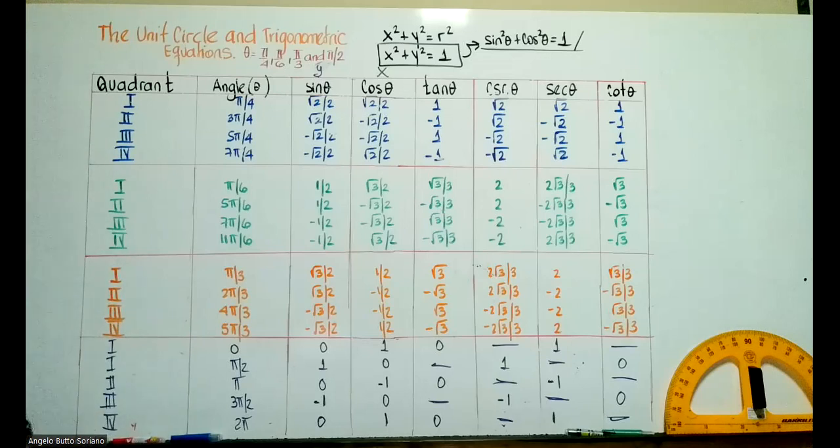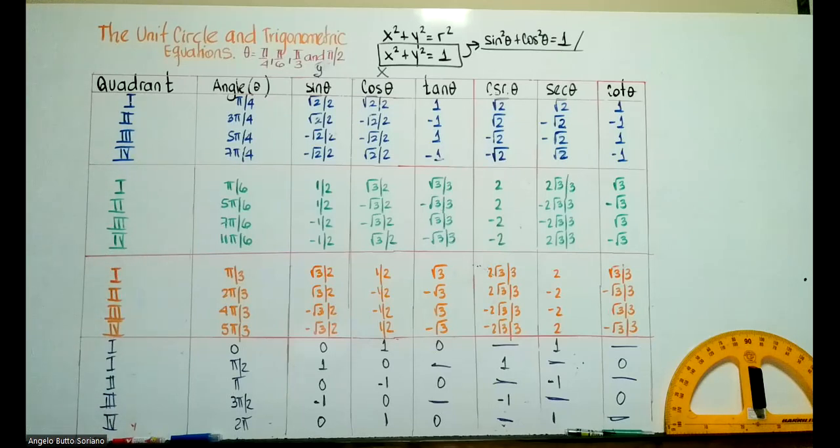So as you can see in this table, the four angles that complete one circle period are values that you're supposed to have at the tip of your hand.